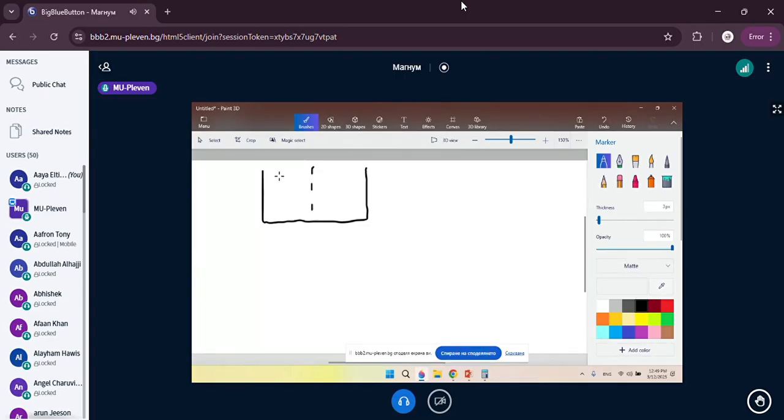Okay, now we've got a container and the left side being more concentrated.